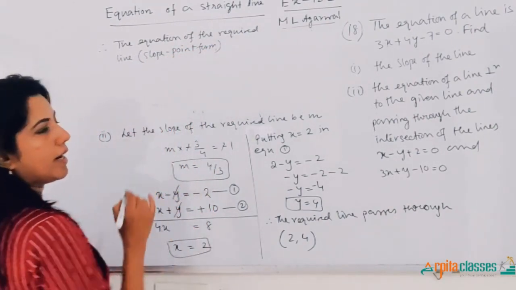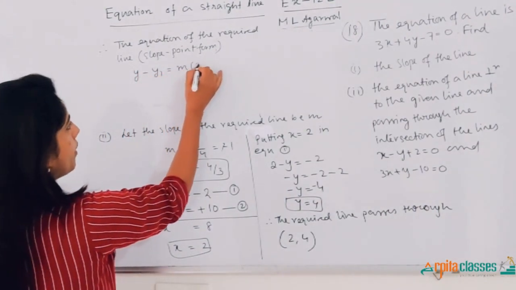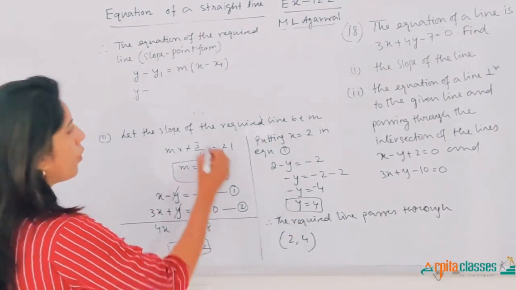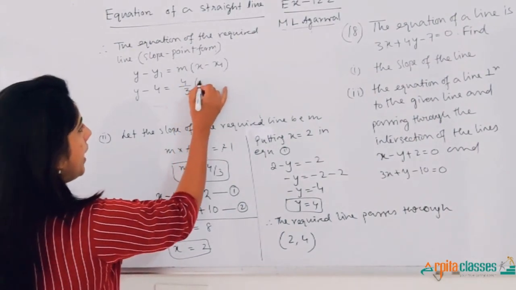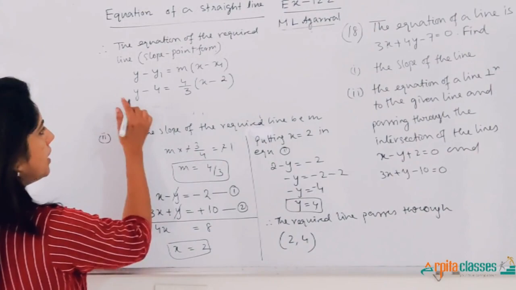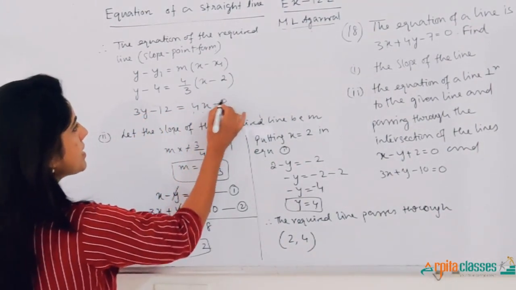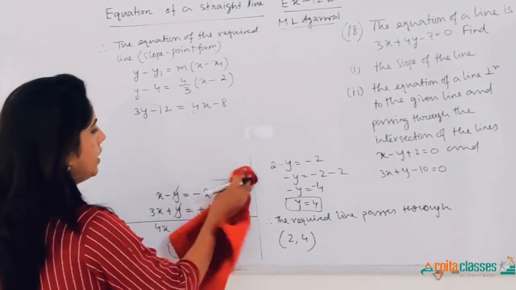First you write down the form, which is y - y1 = m(x - x1). Now y1 is 4, put it here. m is 4/3. x1 is 2. So put it here. Now get 3 this side, it will be 3y - 12 = 4x - 8. Now a little bit of arrangement you have to do here.